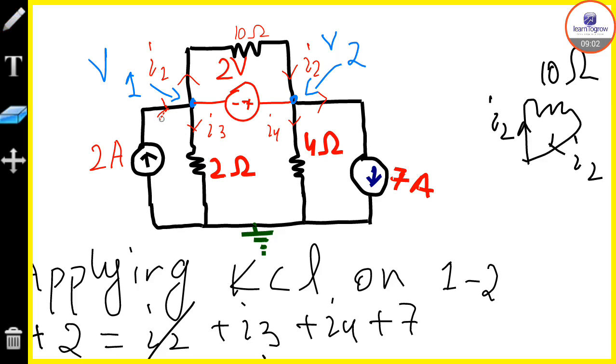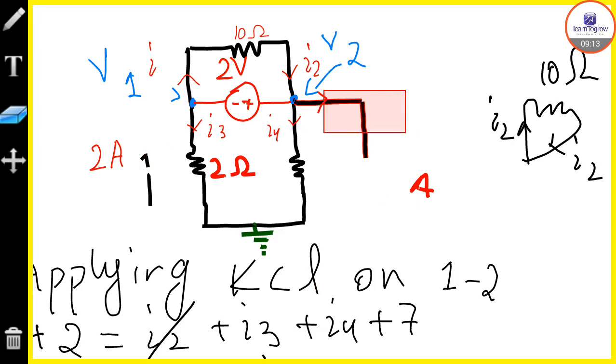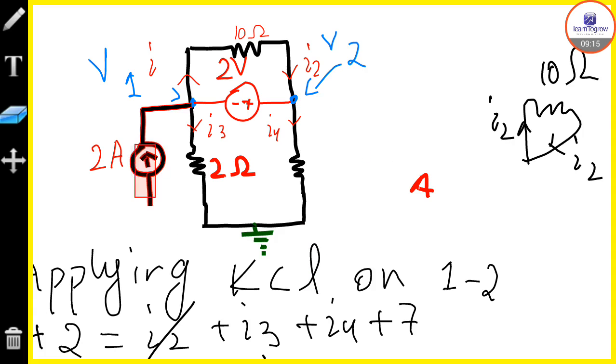And ignoring this will become... When we ignore a current source, we open them, and when we ignore a voltage source, we short them. Always remember. Okay. So now my equation will come from this looping.